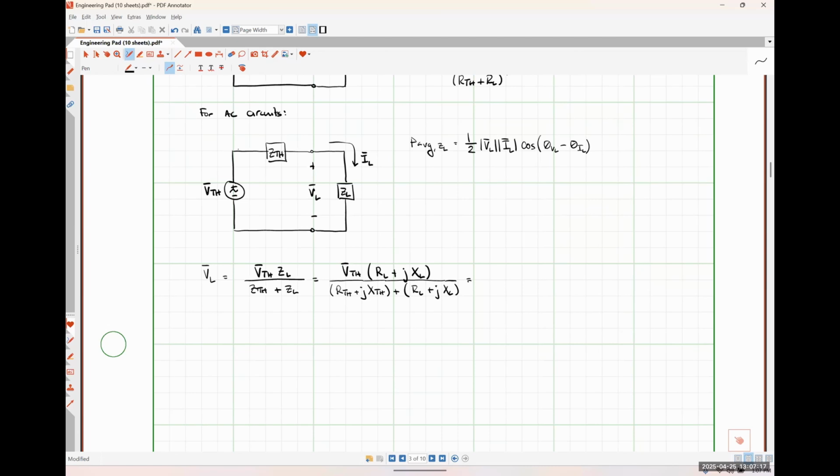And now, as one last little manipulative step, in my denominator, I'm going to choose to add my real parts together and add my imaginary parts together, which would give me the relationship VTH times RL plus JXL divided by RTH plus RL plus J times XTH plus XL, like so.